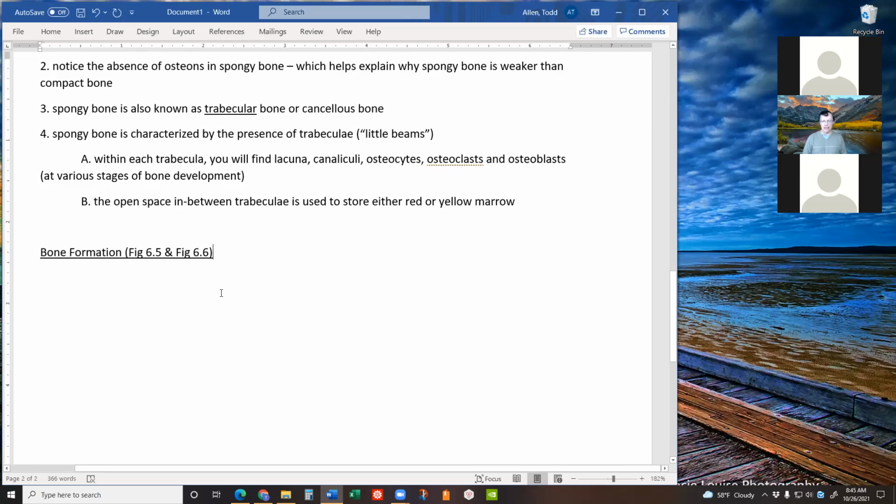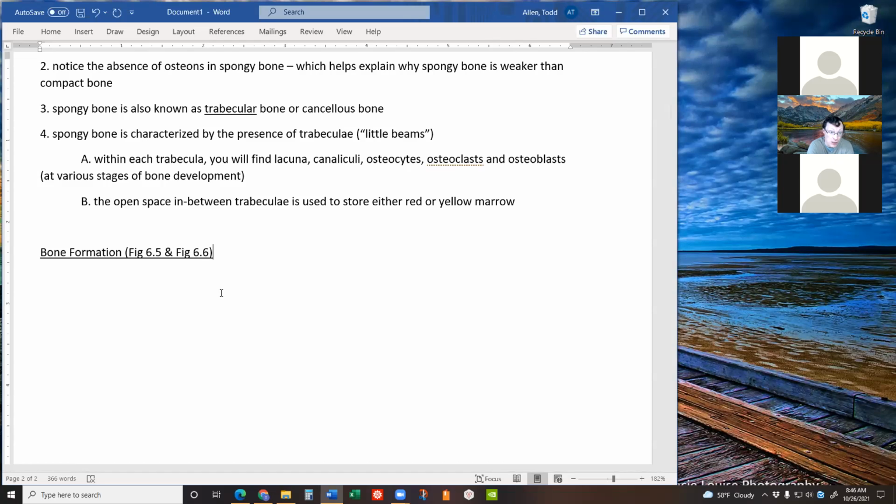Please understand that the information in figure 6.5 and figure 6.6 are models. What I mean by models is they are the scientific community's current best understanding of how these processes work and unfold. It doesn't mean we have all the details right. It's kind of like a weather model.